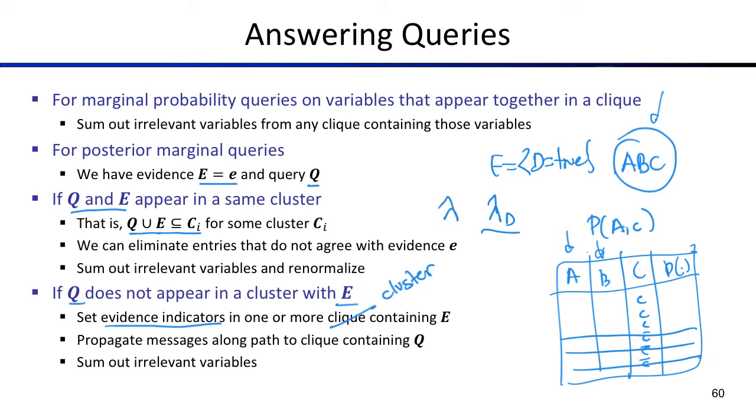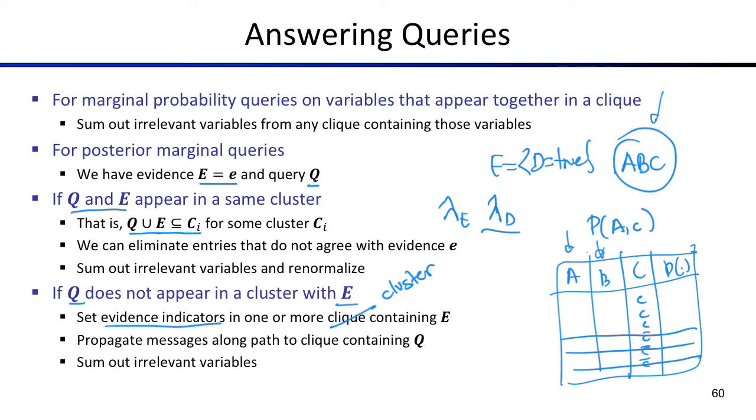It could be evidence also for a variable E and some other variables that are not A, B, C. We go to the clusters that mention those variables and put the evidence indicators in those clusters. We multiply them together, and we send the messages from those clusters to the cluster that has the query variables. When we get there, we sum out the relevant variables, and we give the answer. So this last case is a little bit more complicated.